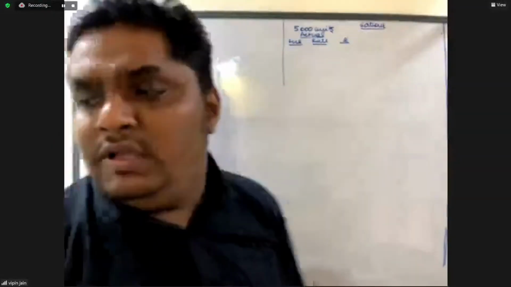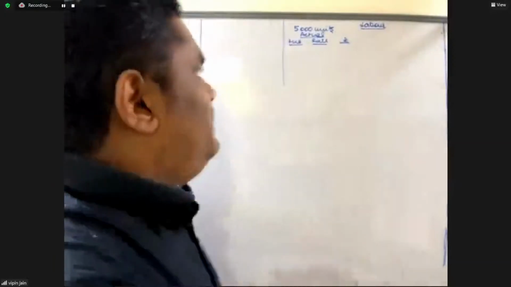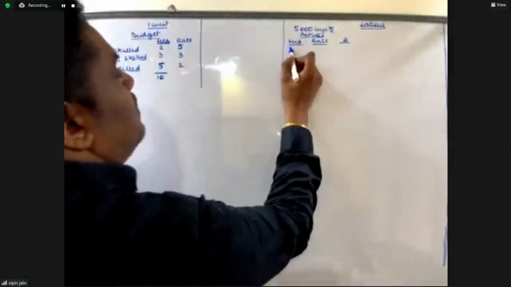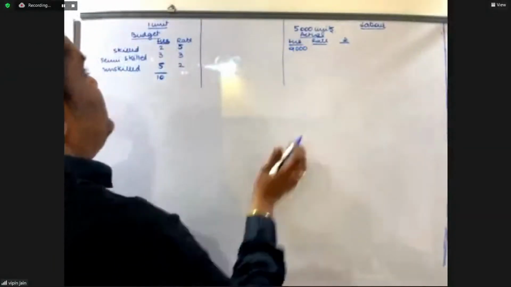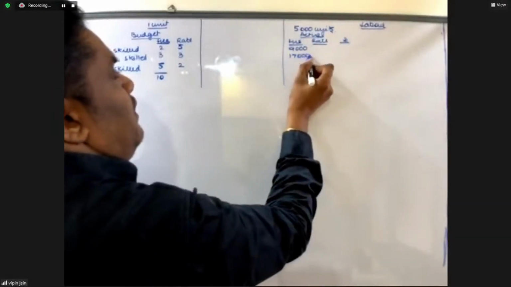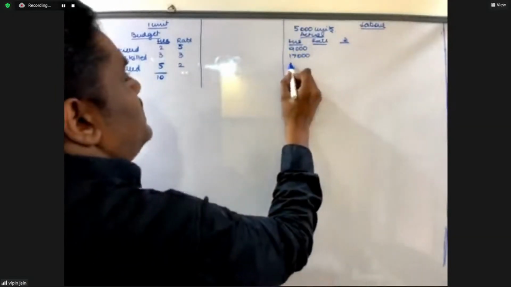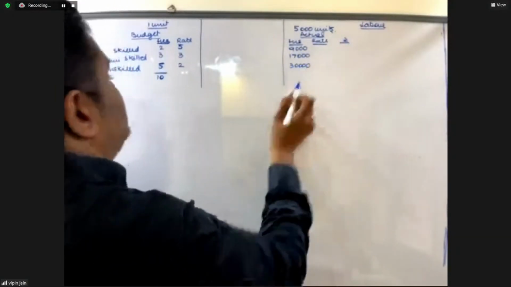Further, when talking about the hours, let's say the actual hours taken are 9,000 in case of skilled, 17,000 in case of semi-skilled, and let's say 30,000 in case of unskilled.